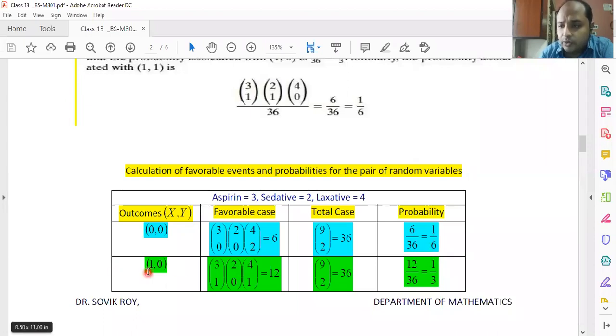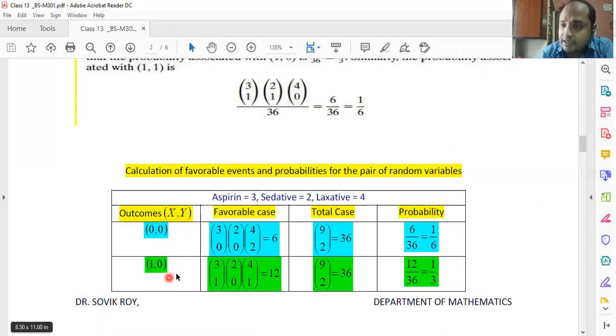Similarly, for 1, 0, one aspirin has been chosen and one laxative has been chosen. But I am interested in the pair 1, 0. I'm not interested in laxatives. I'm interested in aspirin and sedative. So here I have written it as 1, 0, not 1, 1. Because my random variable capital X represents number of aspirins and capital Y represents number of sedatives.